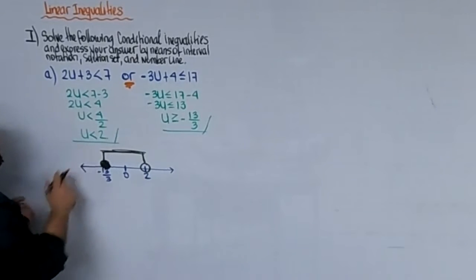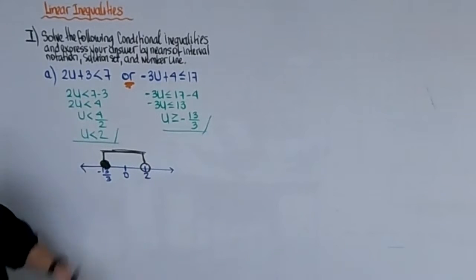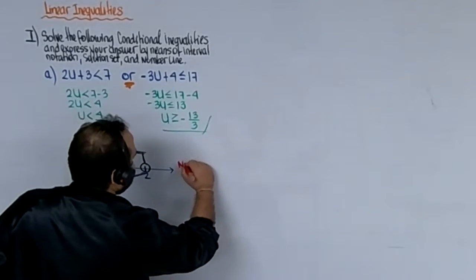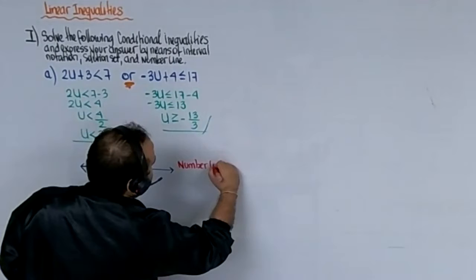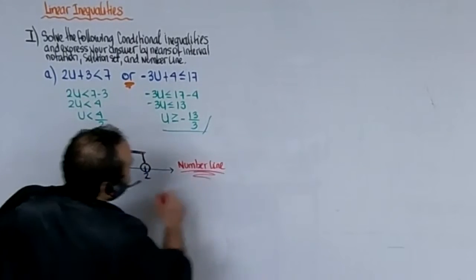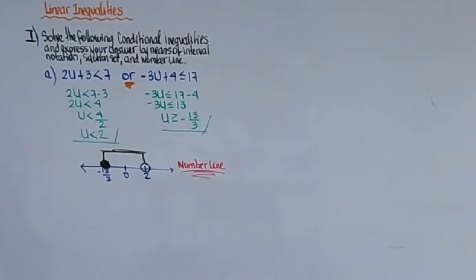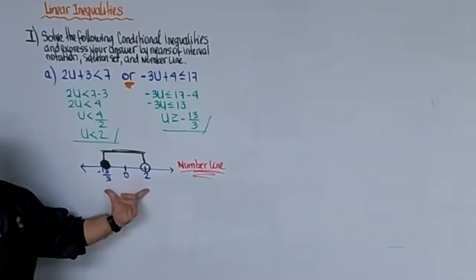All right, so the solution given by the number line is this. This is going to be the number line. Now, as you can see, we have an intersection between these two numbers. If you remember, the interval notation, as you can see in the number line, will be between these two numbers.